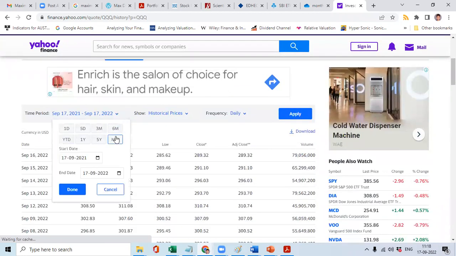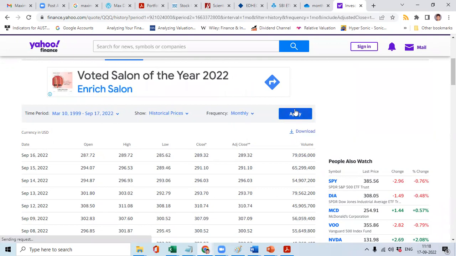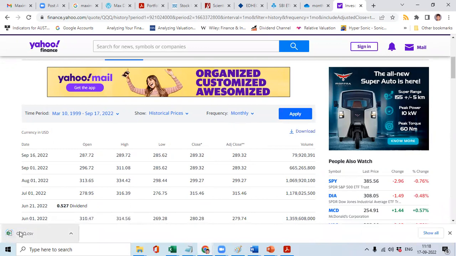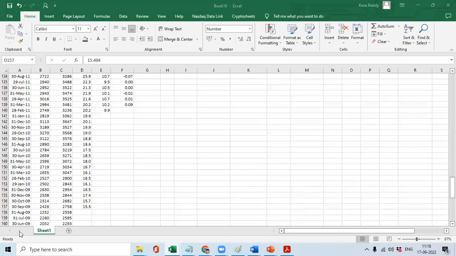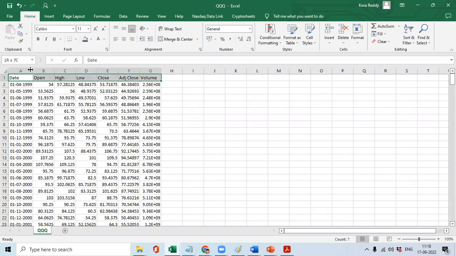I want maximum. I want a month. Download. This has all the data now.